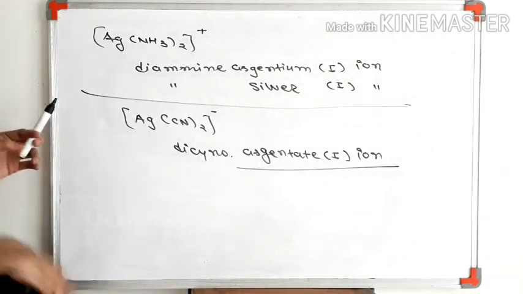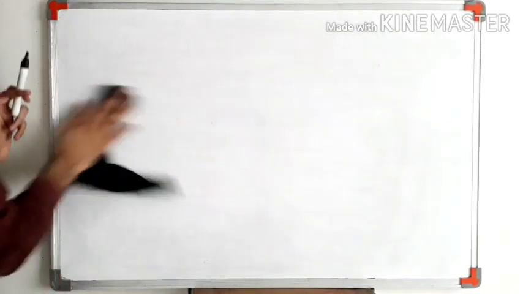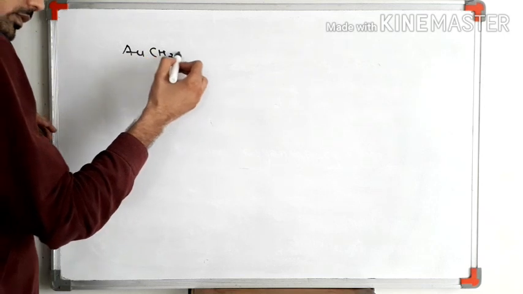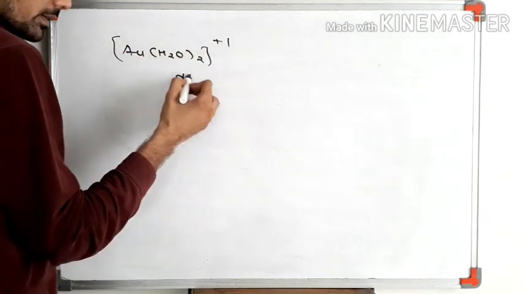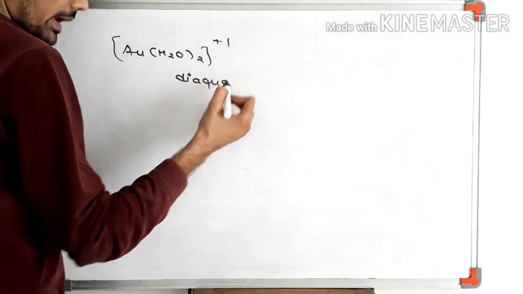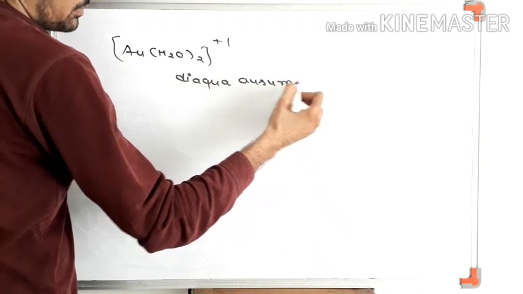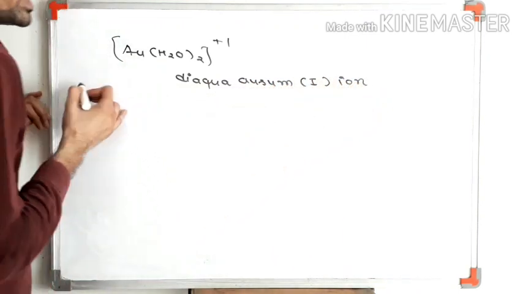Next one. Like for [Au(H2O)2]+, it is diaquaaurum(I) ion or gold(I) ion.